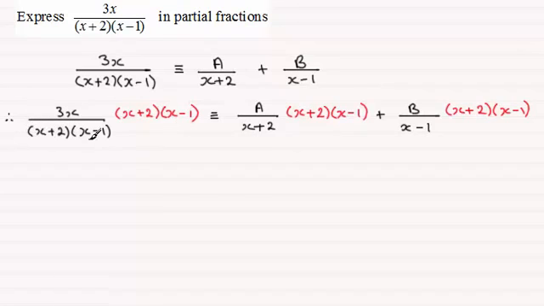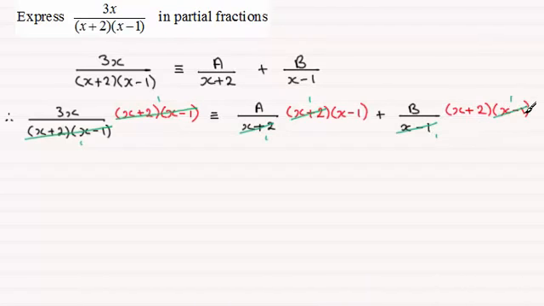In this first term you can see that by multiplying through by the denominator they cancel out. When you multiply this term with the denominator, you can see that the x + 2 cancels out with that factor. And similarly, when we take this last term and multiply throughout by (x + 2)(x - 1), the factor x - 1 gets cancelled out.